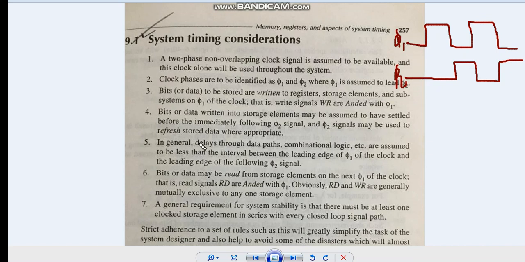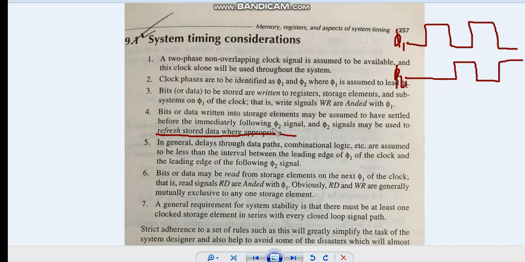Phi 1 is used for writing the data, and after the delay has completed, it goes for phi 2. This phi 2 is used for refreshing the stored data wherever required.